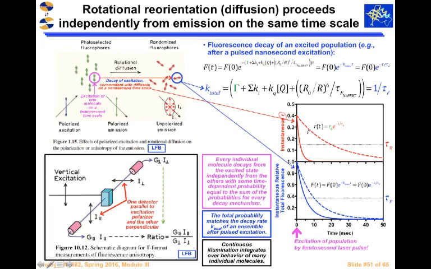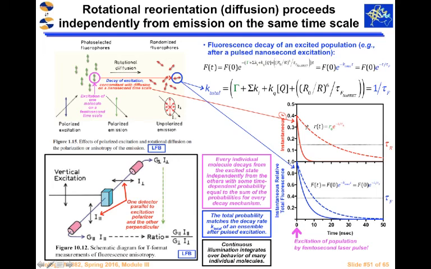The emission at any given moment in time will be characterized in the ensemble by a certain average anisotropy value. To understand what kind of anisotropy we see at steady state, we have to consider individual molecules, which will behave probabilistically like an ensemble excited at a particular time point.